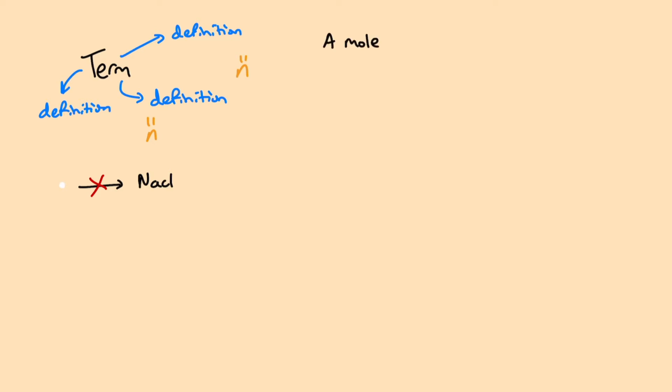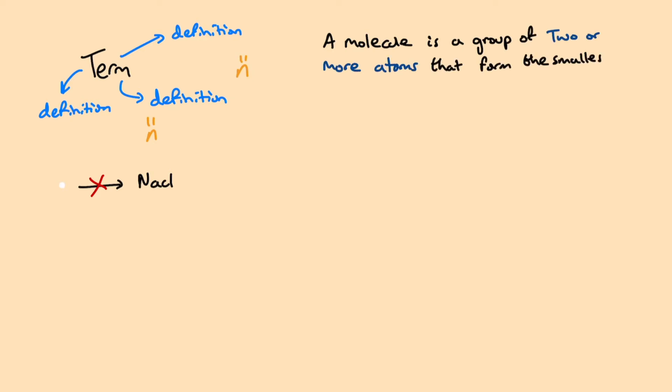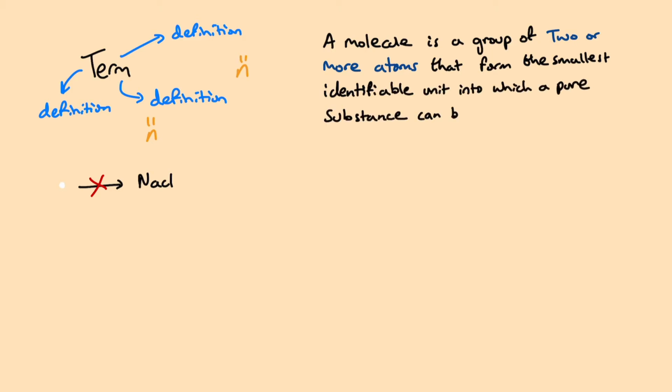So looking at this new definition, it states that a molecule is a group of two or more atoms, so it starts off in the same way, and then it forms the smallest identifiable unit into which a pure substance can be divided. So it's basically stating that any pure substance that has many molecules within it can form the smallest identifiable unit. You can break that pure substance into the smallest molecule or the smallest unit that makes that pure substance.